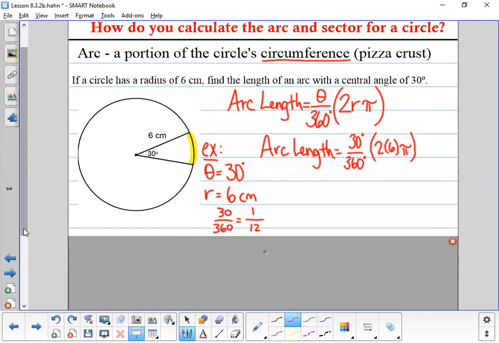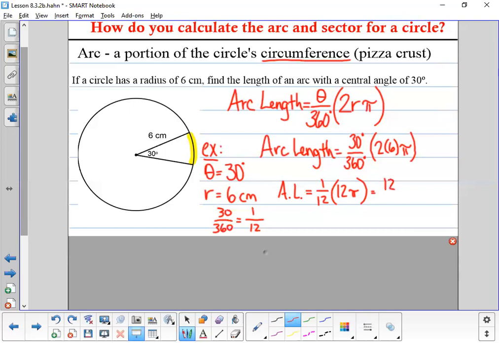All right, so my arc length, I'm just going to abbreviate it as AL, is equal to 1/12 times my circumference. 2 times 6 is 12, so it's going to be times 12 pi. When I multiply a fraction times a whole number, I multiply the top of the fraction times the whole number.